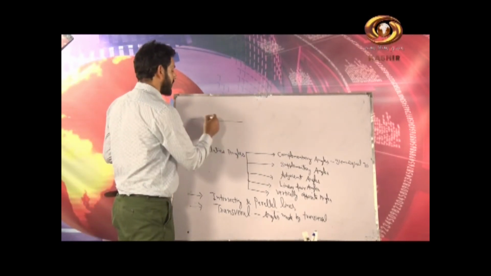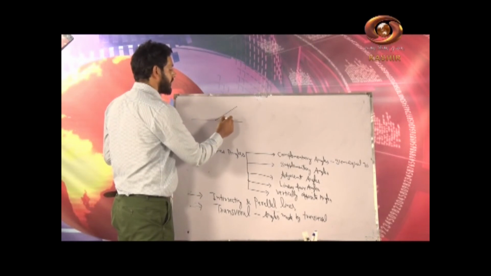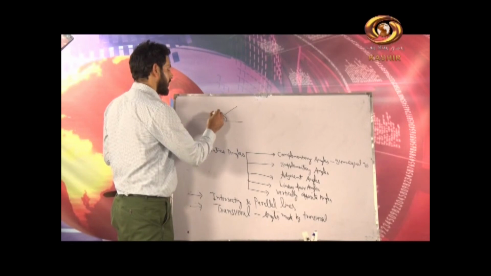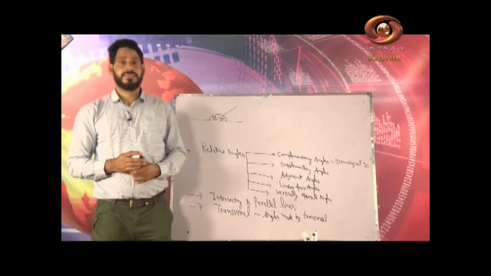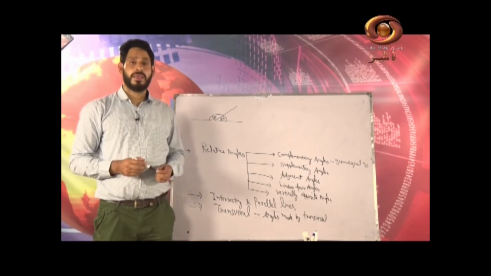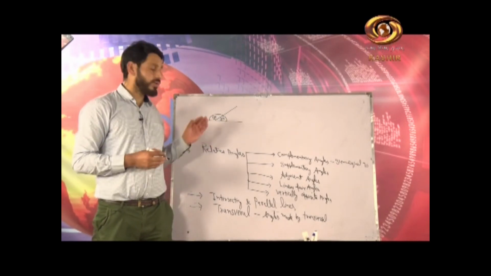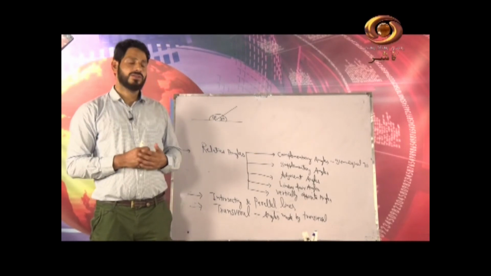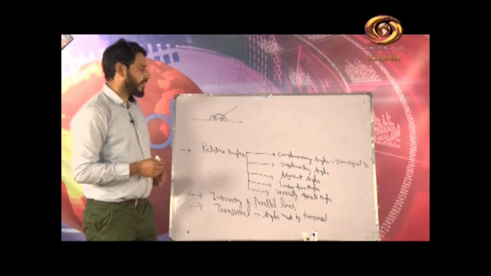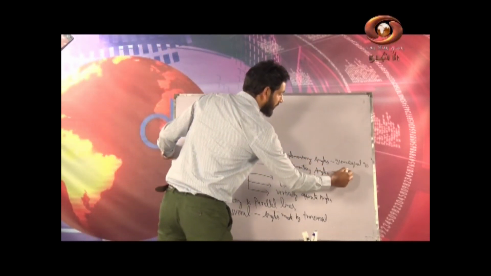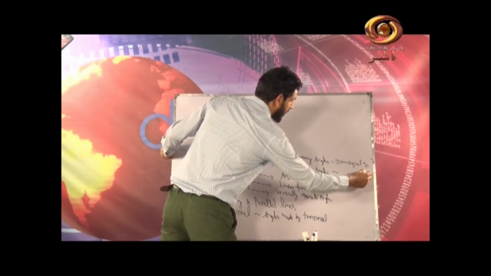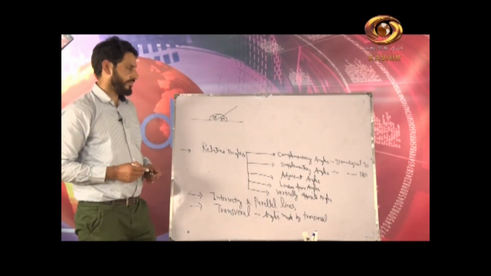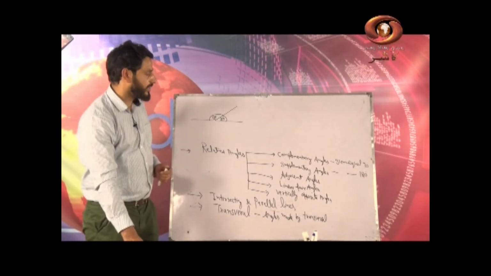Similarly, here let it be 50 degrees and another angle 130 degrees. They are joined together, but their sum is equal to 180, so they still form supplementary angles. In short, till now we talked about complementary angles, sum equal to 90, and supplementary angles, sum equal to 180. I hope you got it until now.